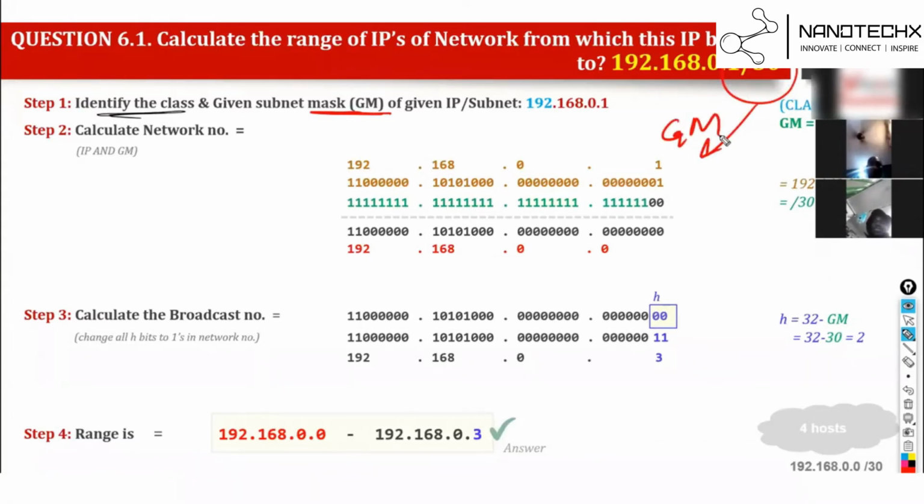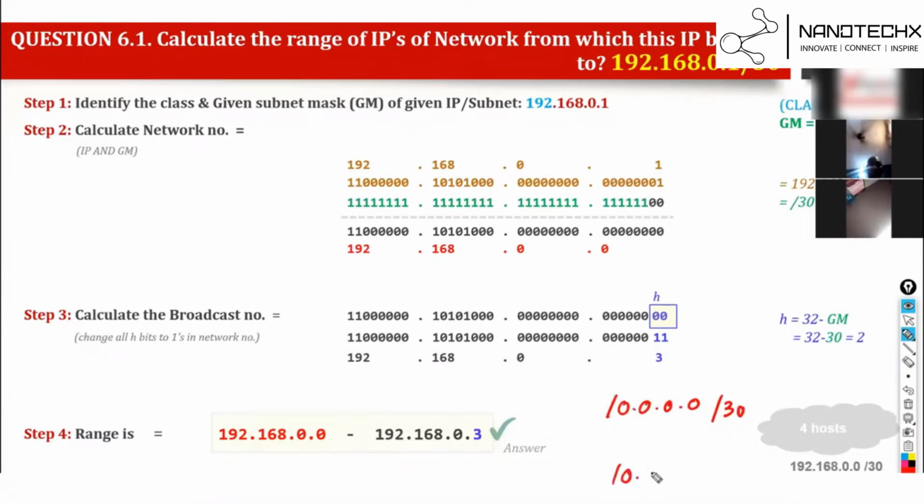Very easy. Now we have to calculate the network number and the broadcast number. Going back to our example, if you know the first IP and last IP of a subnet, the network number and broadcast number, say this is your first IP 10.0.0.0/30 and this is your last IP 10.0.0.3/30, can you identify which will be the middle ones? Yes, it's very easy then.